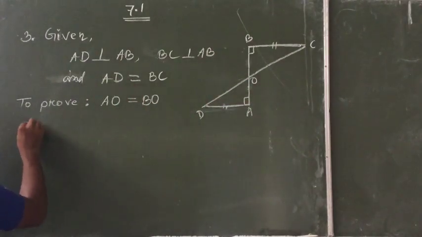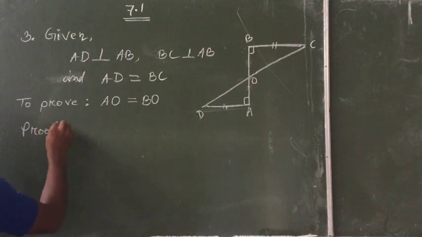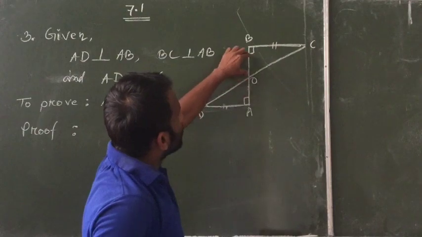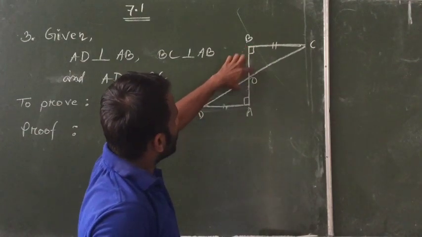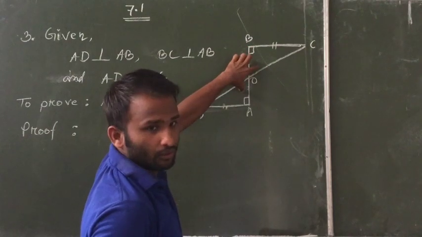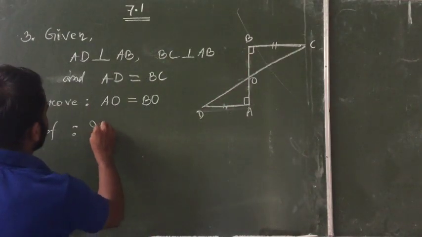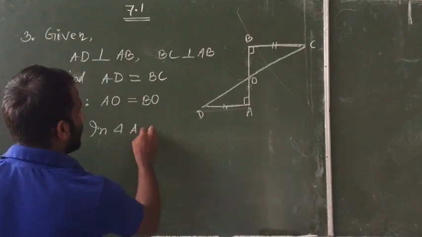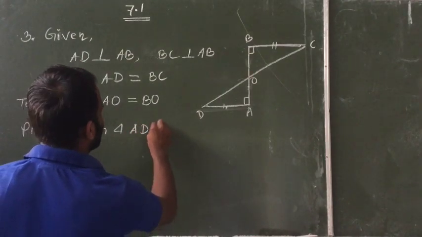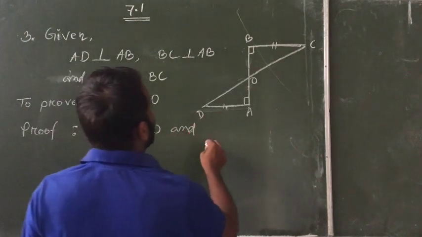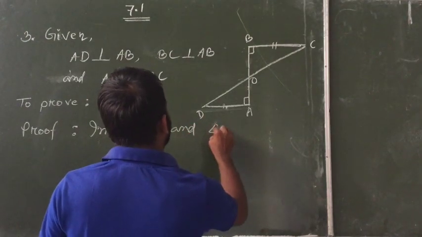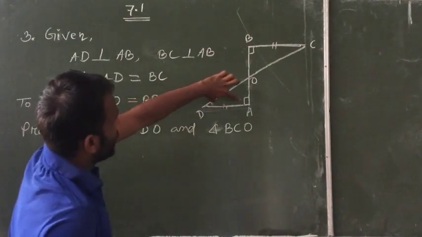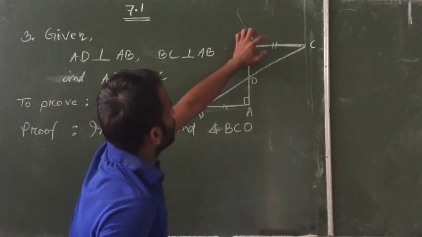Now, proof: since these two sides are in two triangles, we will take these two triangles and show that these two triangles are congruent. So first of all, in triangle ADO and in triangle BCO, here AD is equal to BC.